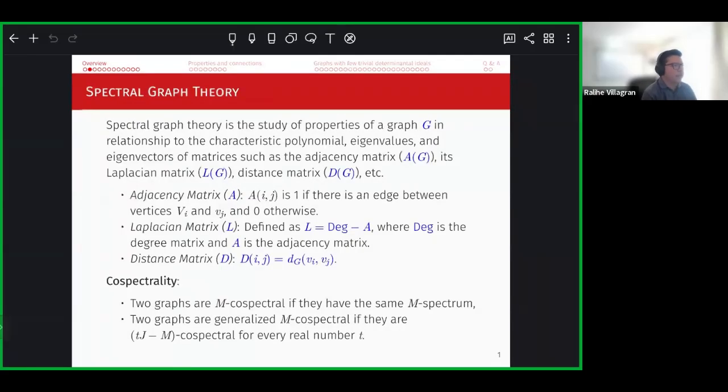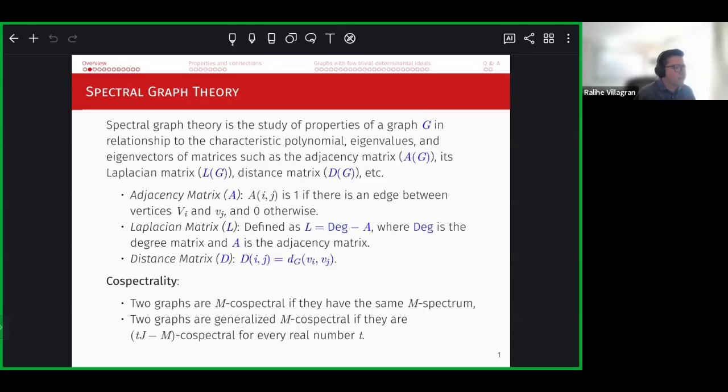Let me start with things we all know, spectral graph theory. Given any graph matrix, like the adjacency matrix, Laplacian matrix, or we're thinking also about the distance matrix, we can think about the spectrum of each one of these matrices.